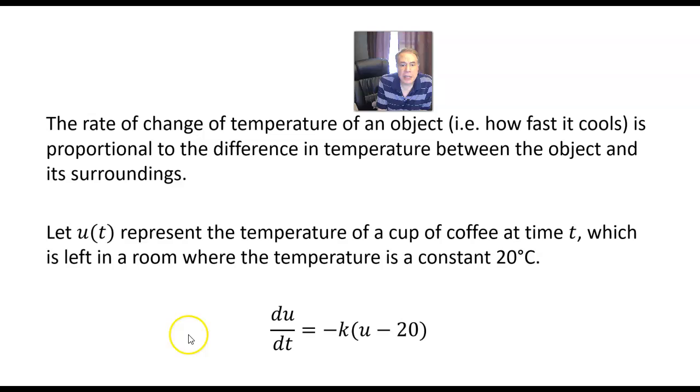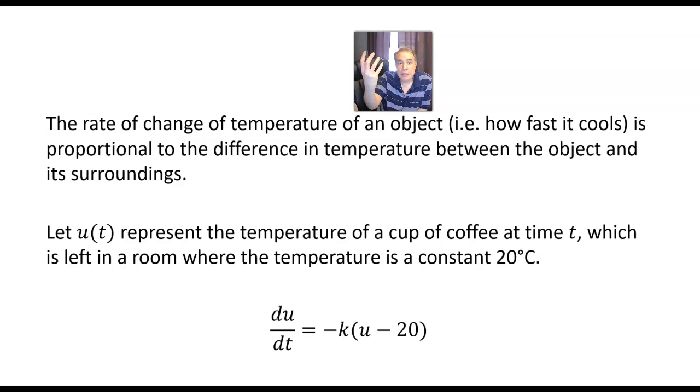So to say that the change in temperature is proportional to the difference in temperature between the object and the surroundings means that du/dt, the change in u with respect to t, or the change in temperature with respect to time, would be equal to some constant times the temperature of the coffee minus the temperature of the surroundings. So here, u minus 20. The 20 might be some different number, but it's whatever constant temperature the surroundings are.